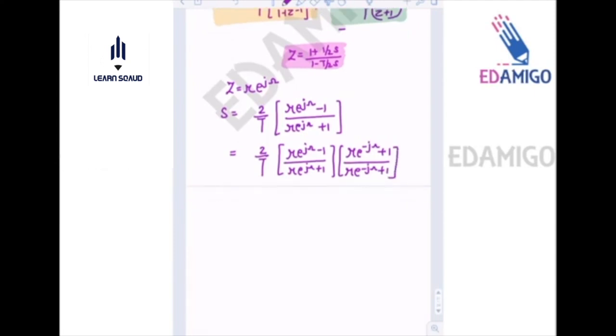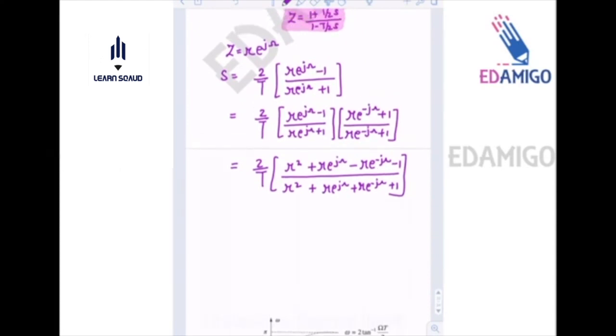Okay, now solving this, we will get 2 upon capital T, and we'll get R square plus R e to power j sigma minus R e to power minus j sigma minus 1 divided by R square plus R e to power j sigma plus R e to power minus j sigma plus 1.